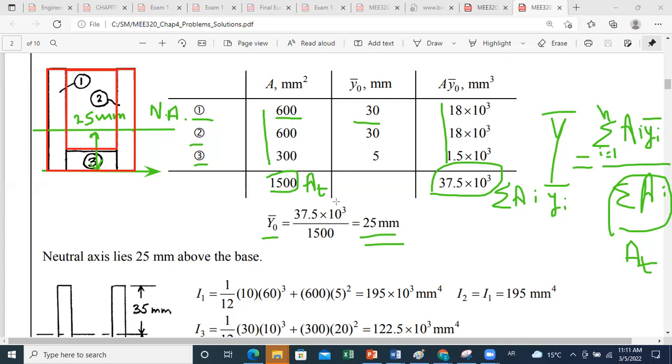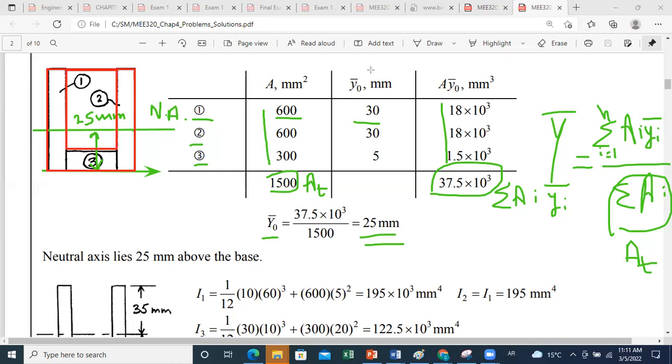Okay. Now, once we locate the neutral axis, the second step will be to find the inertia of the surface about the neutral axis. Here, we should remember what we call the parallel axis theorem. What is the parallel axis theorem?